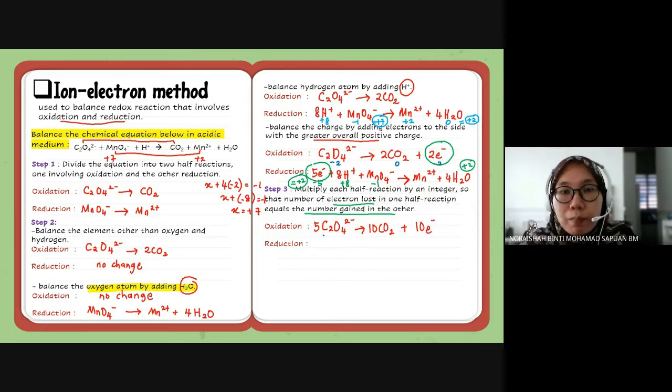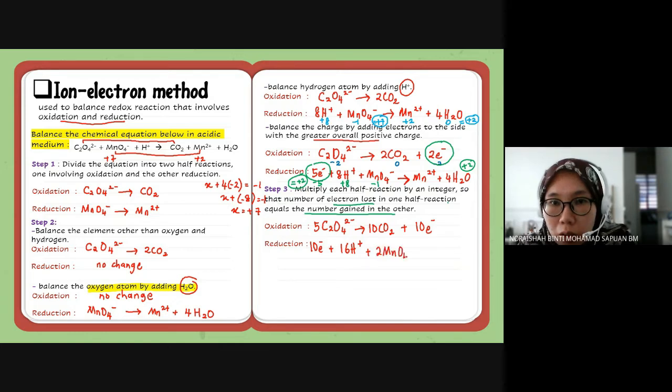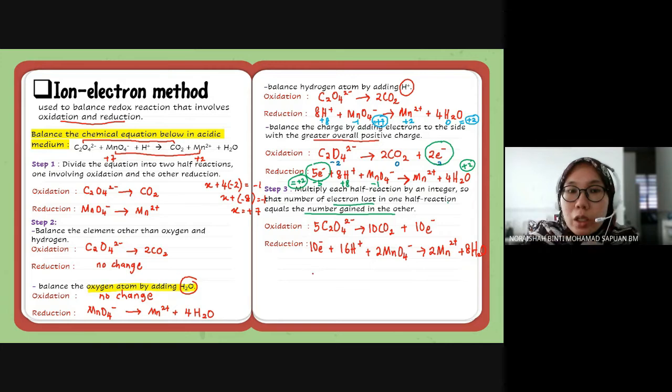Okay, so for reduction 5 times tu 10 elektron plus 2 darab 8 is 16 hydrogen plus 2 MnO4 minus to 2 Mn2 plus 8 air. Okay, so ini dia punya equation.